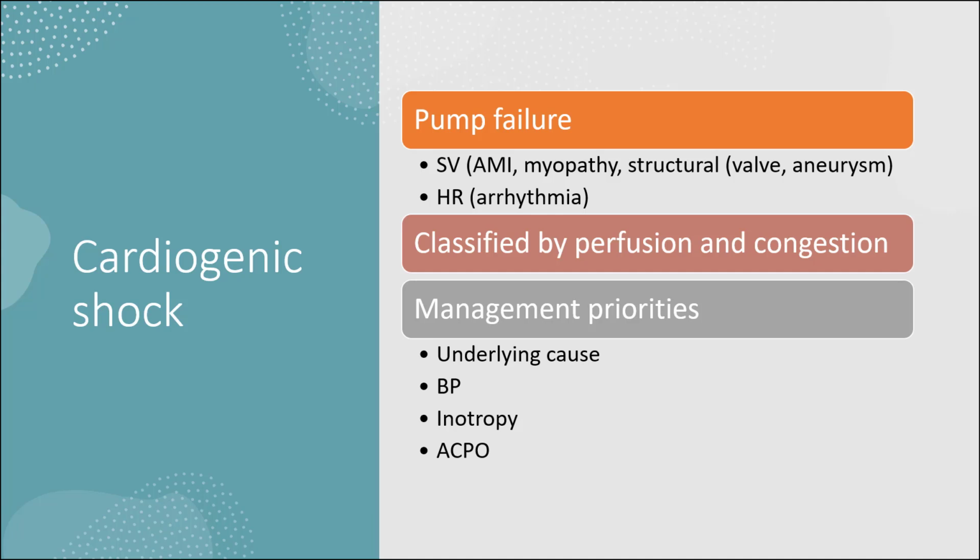So this brings us to the end of this tour through cardiogenic shock. And just by way of recap, I just wanted to reiterate, pump failure is the main problem. So it's a direct cause by the heart that has either reduced stroke volume through the likes of an acute myocardial infarction, myopathy, the structural problems that we discussed like valve failure, or whether it was directly related to an arrhythmia where the heart rate wasn't fast enough or the rate itself was going to reduce the stroke volume.